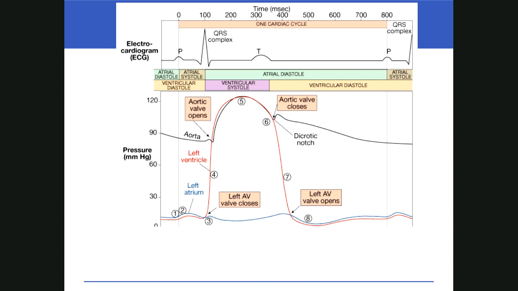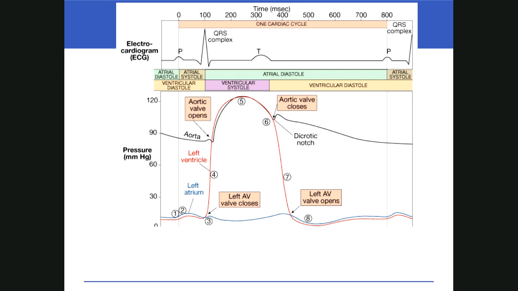It goes up too. Now, it never goes exactly to 120. It might go to 119, but it can't go exactly as high as it is in the ventricle. It's just a tiny bit less. A tiny bit less than the ventricle pressure. But look, there it is right there. And so whatever that is, that's going to be the aortic pressure.